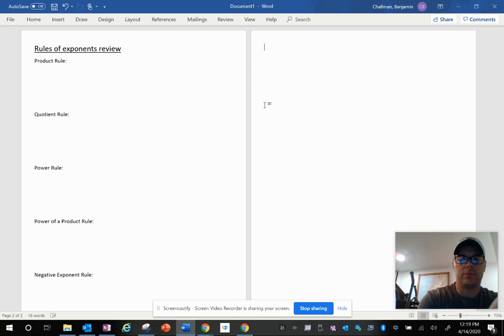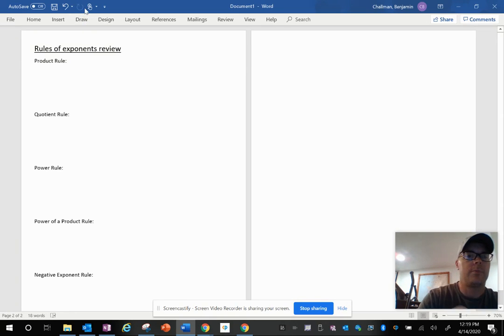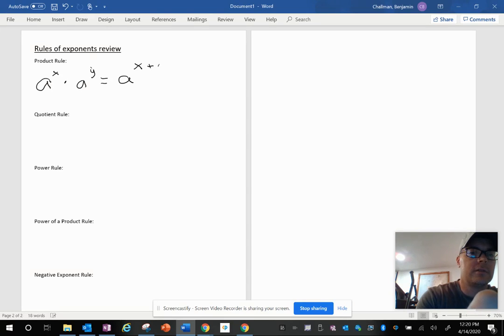The product rule, which if you can see over here, I'm going to try and ink on the page here. Product rule says that a to the x power times a to the y power equals a to the x plus y.